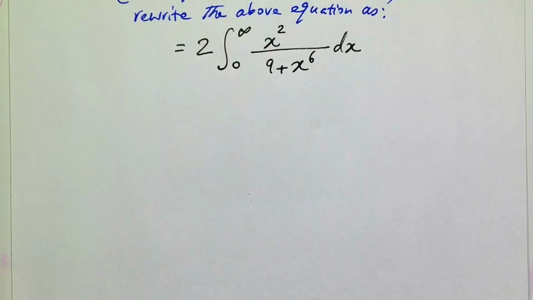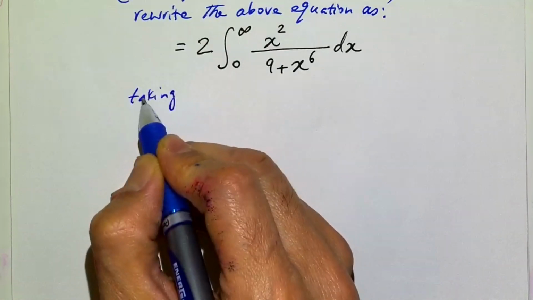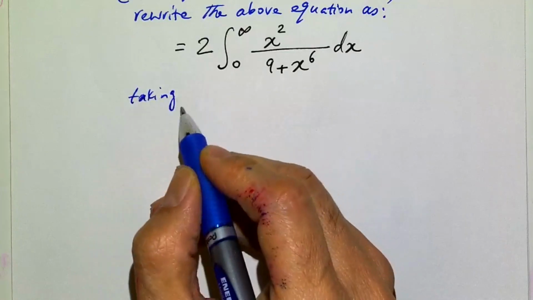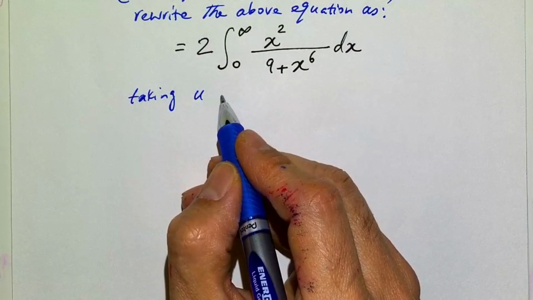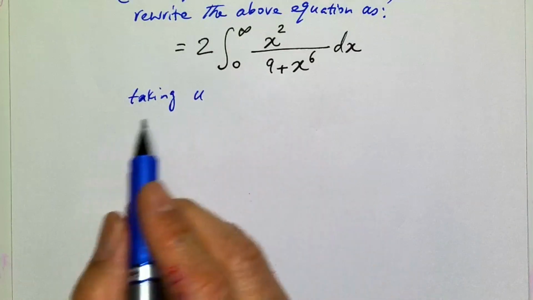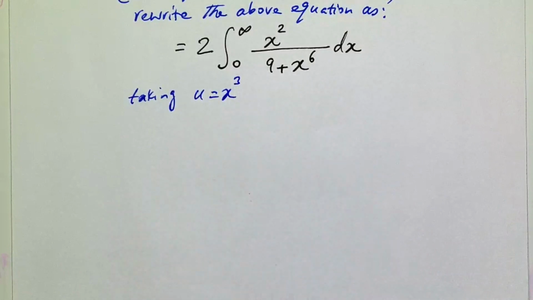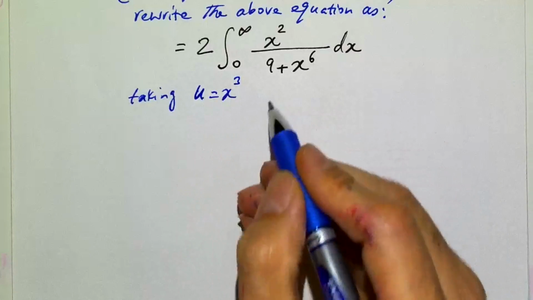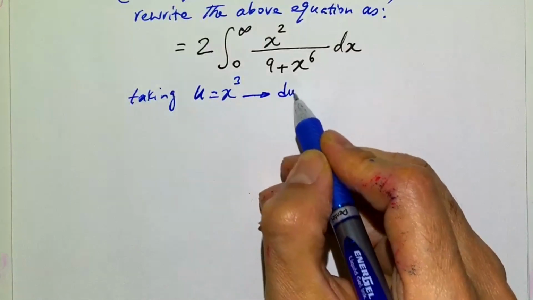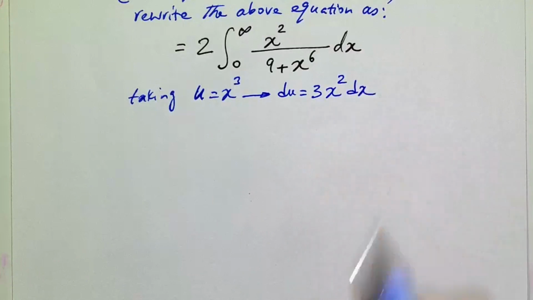So taking u to be x cubed, let u be x cubed, and therefore du is going to be 3 times x squared dx, right?